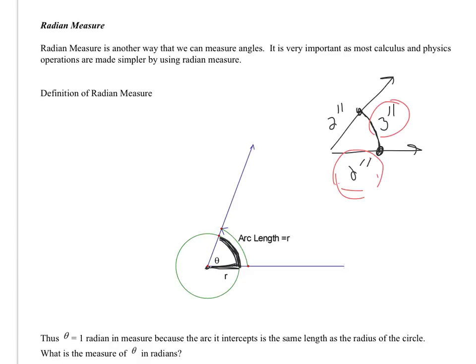So if this was our angle theta, where we have an arc length of 3 and a radius of 2, then theta would simply be 3 over 2, which is 1.5. Ironically, a lot of these radian measures will involve pi, and we'll see how that works on the next page.